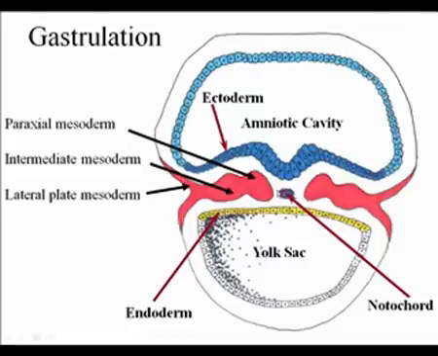In the midline, we're going to have a notochord. And then deep to those structures will be the endoderm, which lines the yolk sac. So at the end of the 3rd week of gestation, this is what the embryo is going to look like.